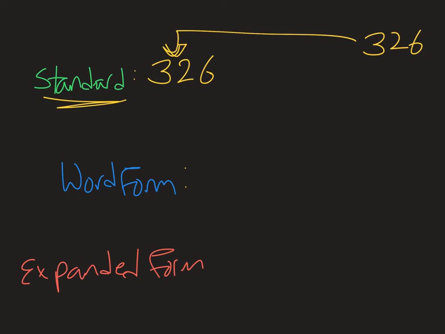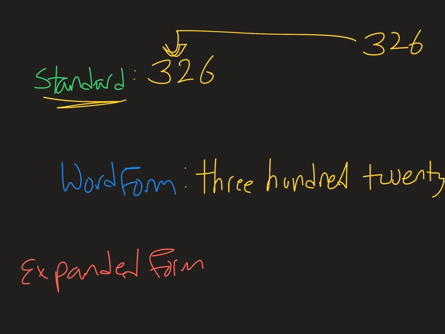So, to put it in word form, I write 326. And that's word form. Notice the number is just written out in letter form this time instead of using numeric symbols.